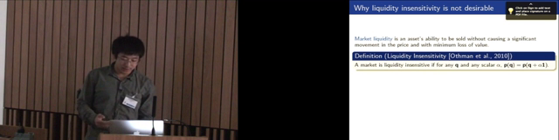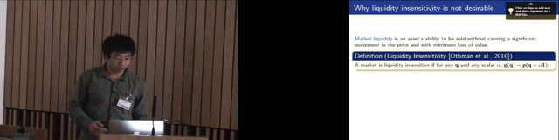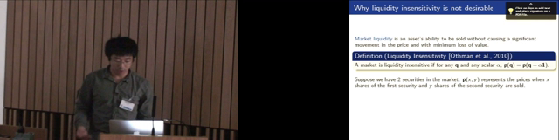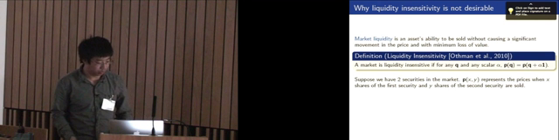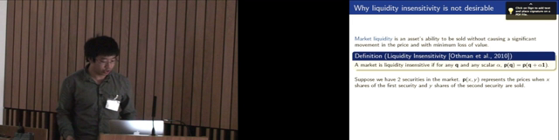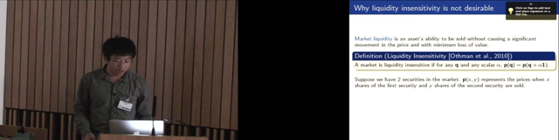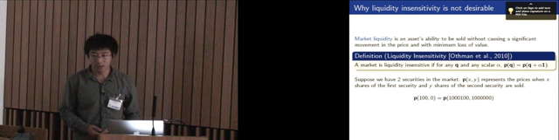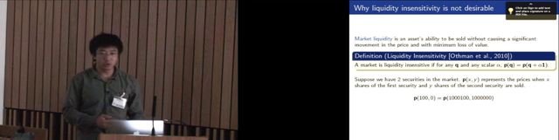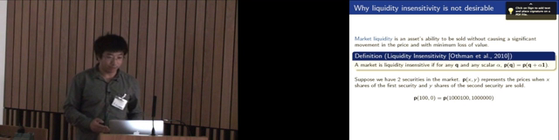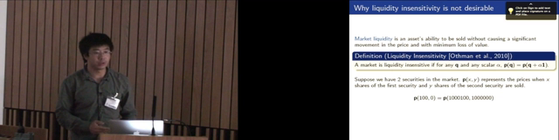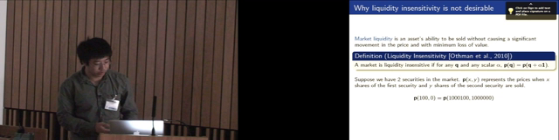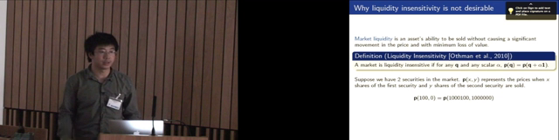So why is this undesirable? Here is a more realistic example. Suppose we have two securities in the market. P of X, Y represents the prices when X shares of the first security and Y shares of the second security are sold. By the definition of liquidity insensitivity, this equation holds. The left-hand side intuitively seems to show a very strong bias towards the first outcome, because 100 shares of the first security are sold but none of the second security.